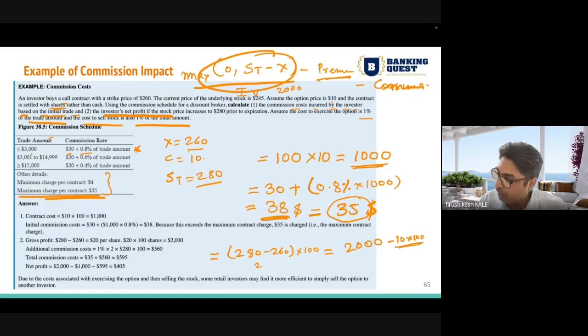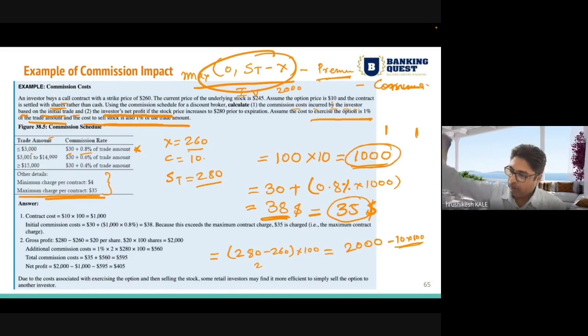When we are settling it with the shares, we need to first purchase the share and then sell the share. So it's not cash settled. Now, cost to sell stock is 1% and cost to exercise the option is also 1%. So we are basically at 2%. 2% of what? This 1000 rupees.